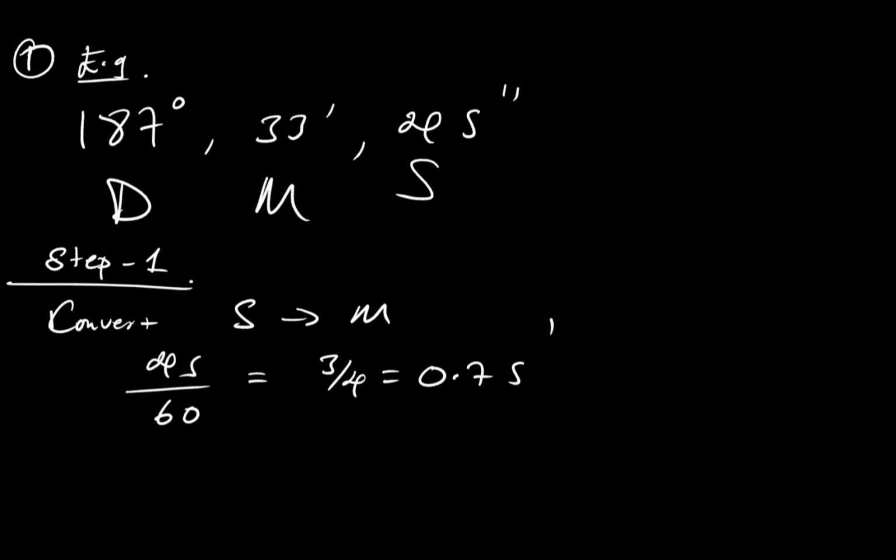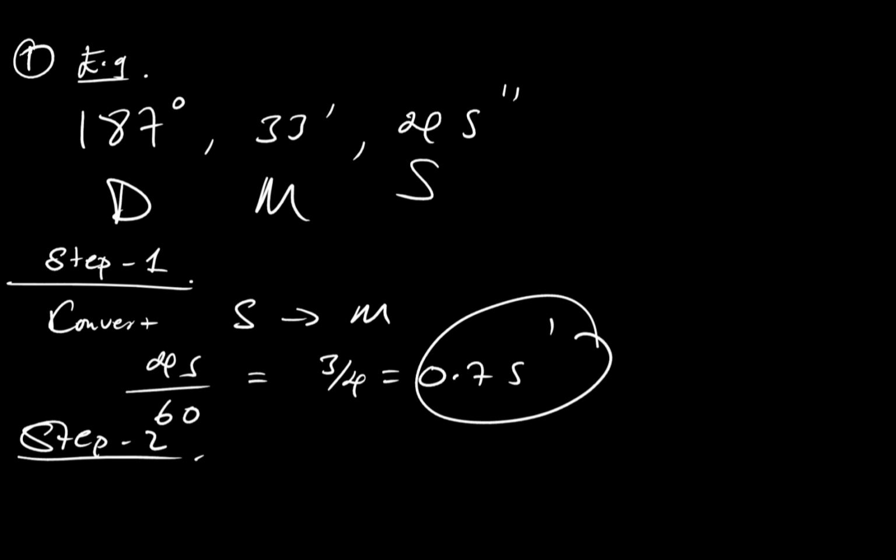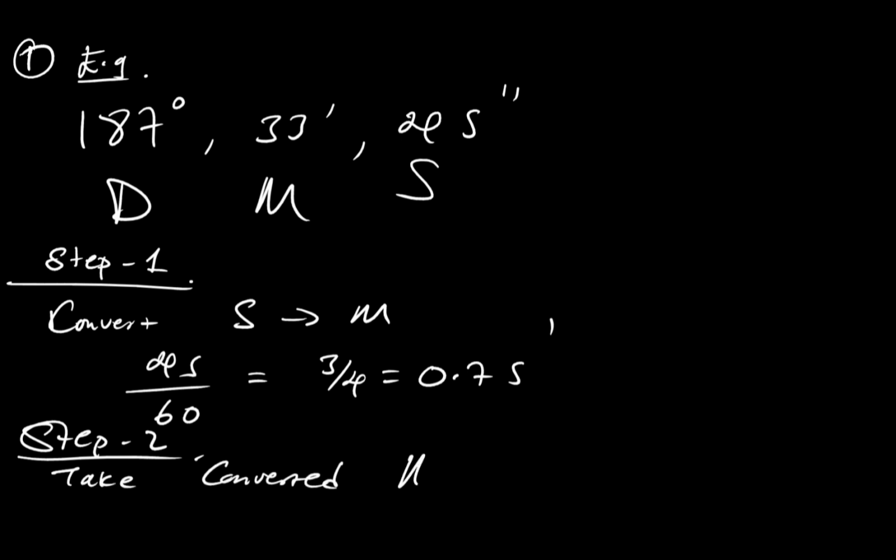Now what do we have to do next? Step 2: once we convert the seconds to minutes, the next thing is to take the converted minutes and add them to the initial minutes, M0. Be mindful, we have 187, 33, and 45.